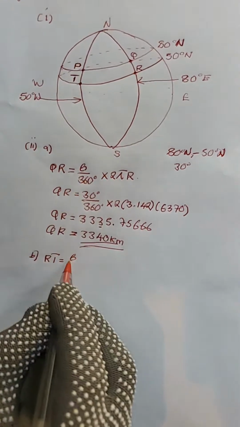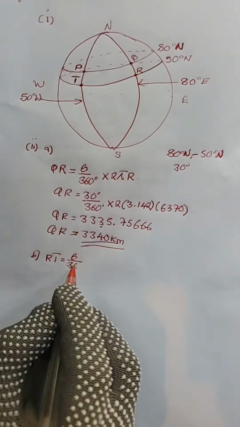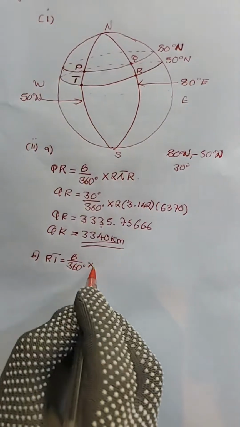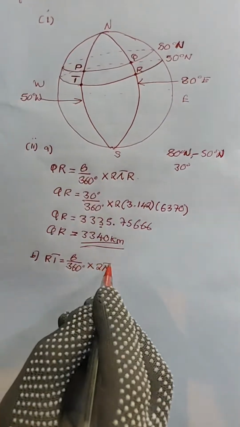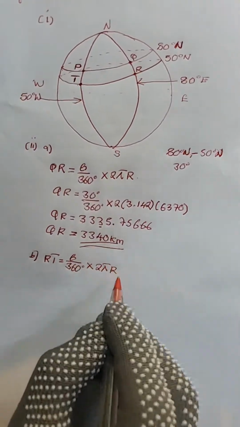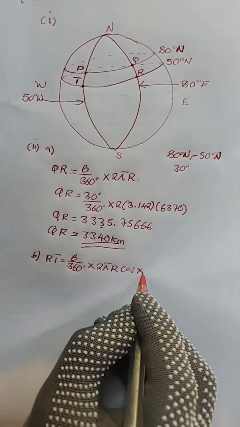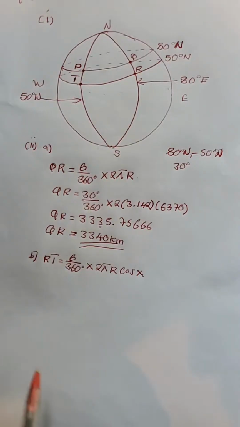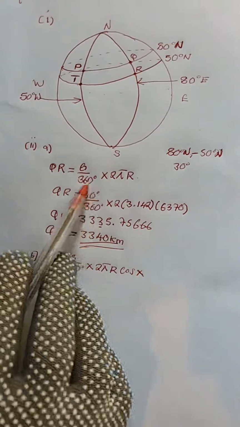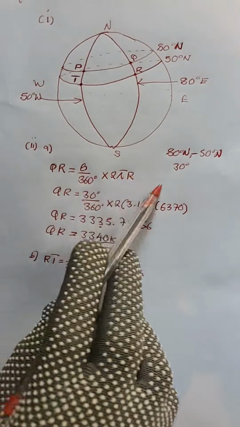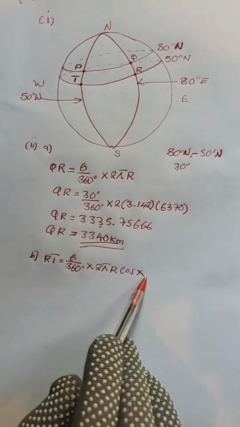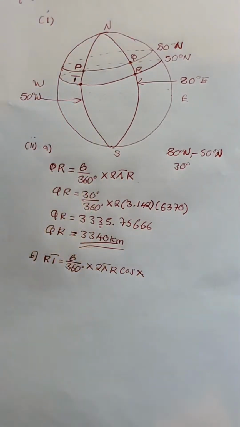It is theta over 360 degrees multiplied by 2 times pi R cos x. So it is this formula, just add cos x here, when you're calculating distance along the line of latitude.